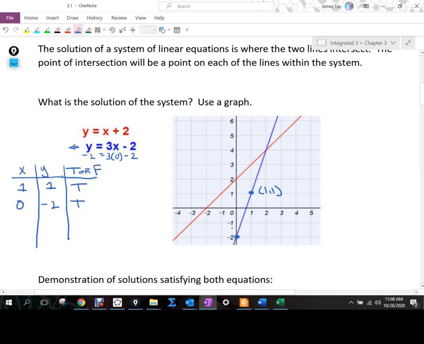Let's try this point right here, 2, 4. The x is 2, the y is 4. 3 times 2 is 6, minus 2 is 4. Is 4 equal to 4? So 2, 4 was also true.